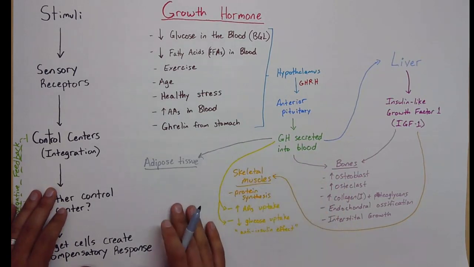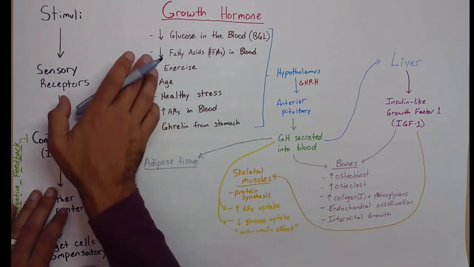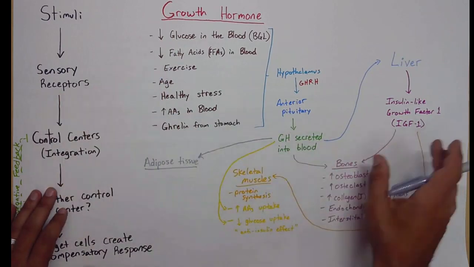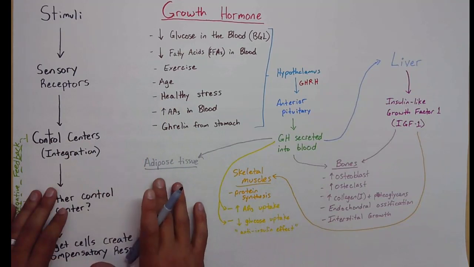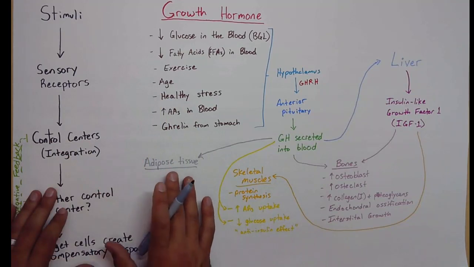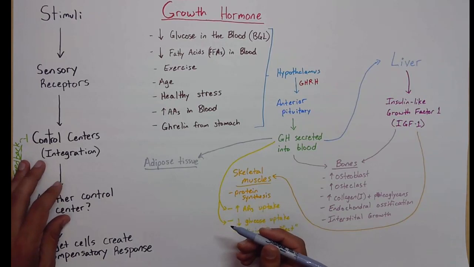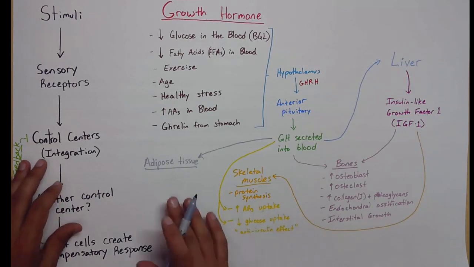And what do we know one of the stimuli is? A decrease in fatty acids. We're not done, by the way. We've got to come back over here to the liver. But what do we know about this adipose tissue? It is a storage place for fats, triglycerides to be more specific. And a triglyceride is a glycerol with 3 fatty acids.